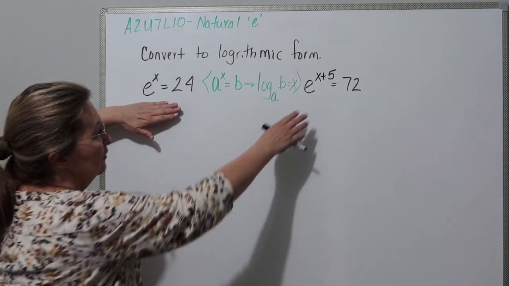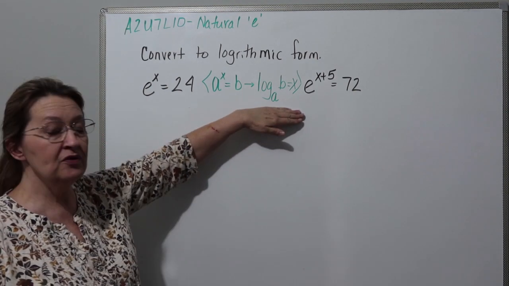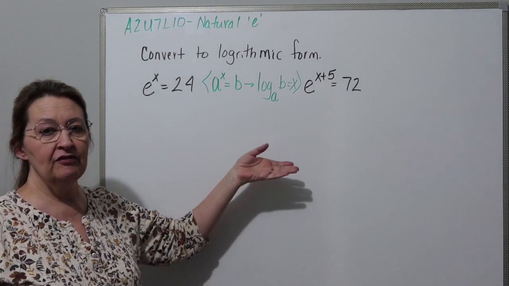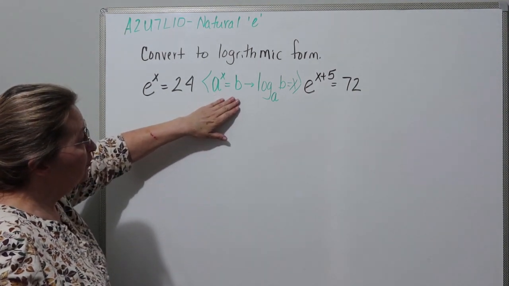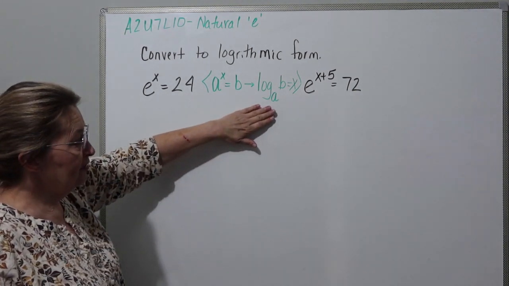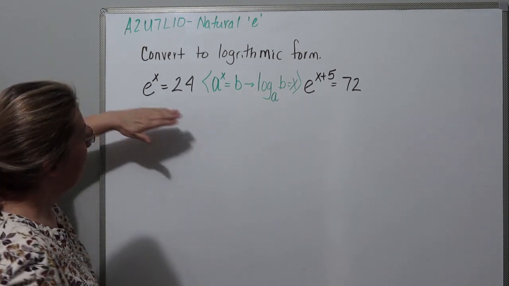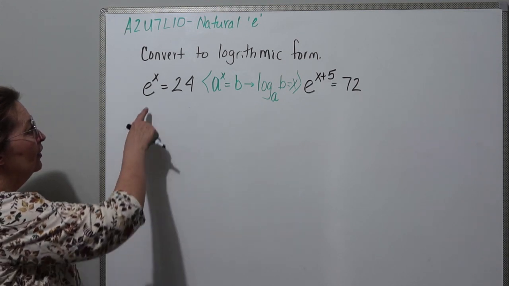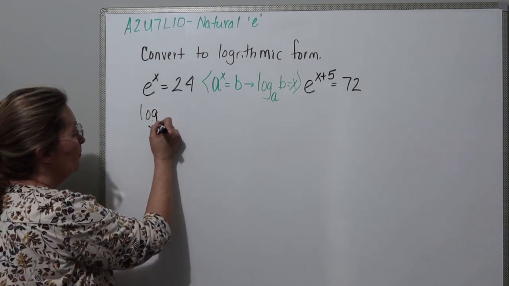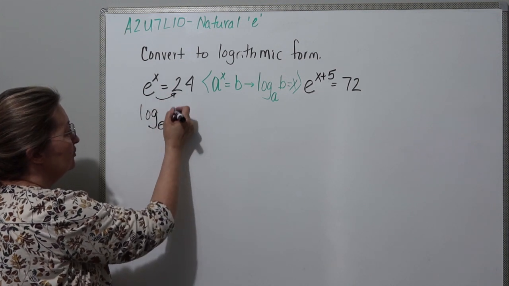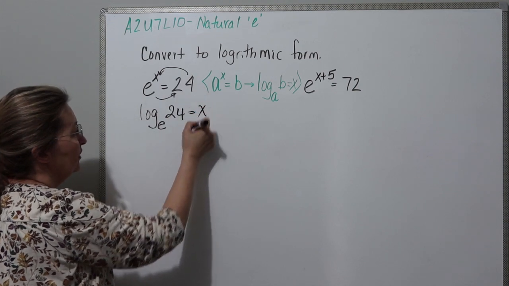We're going to convert these two exponential equations into logarithmic form, and we're going to use that old property that we learned at the very beginning of the unit. Since a to the x power equals b can be converted to logarithm by saying log base a of b equals x, let's go over here and convert. Well, e is my base, so I'm going to have log base e, I'm going to swing around to 24, equals my exponent x.